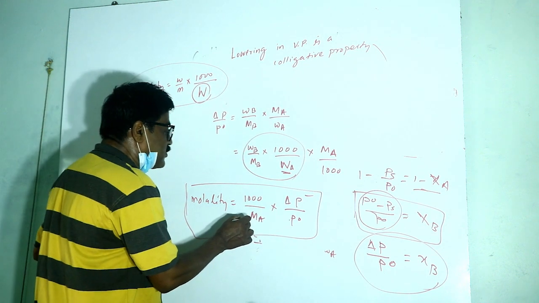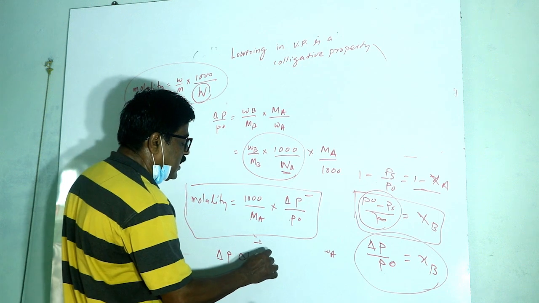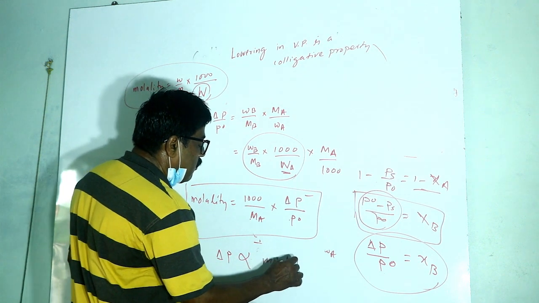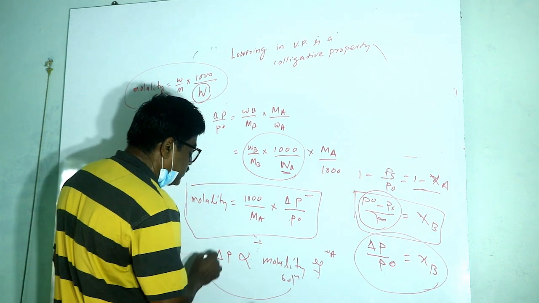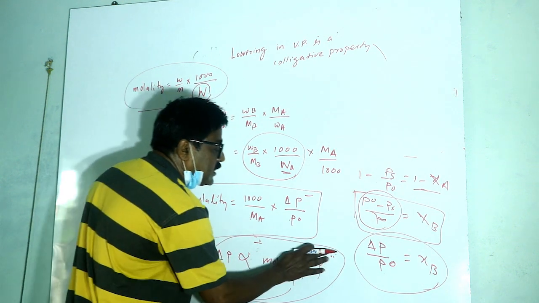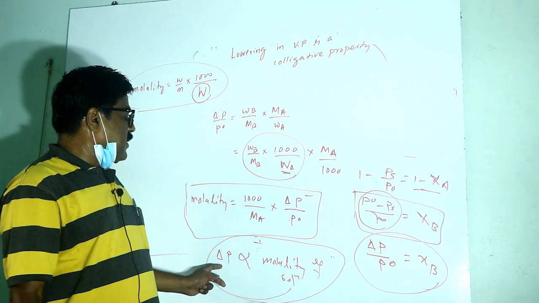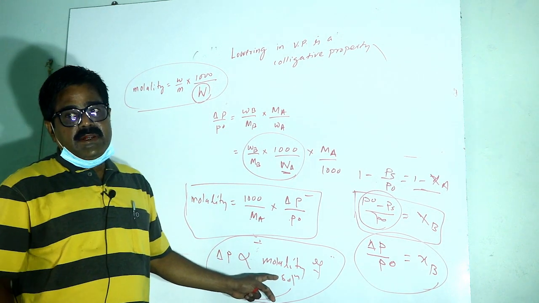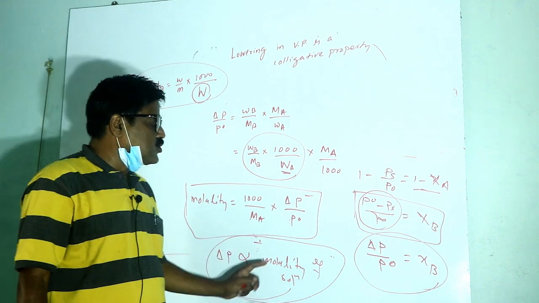These two are again constant, so we can say del P is proportional to the molality of the solution. Molality of the solution means number of moles of the solute.